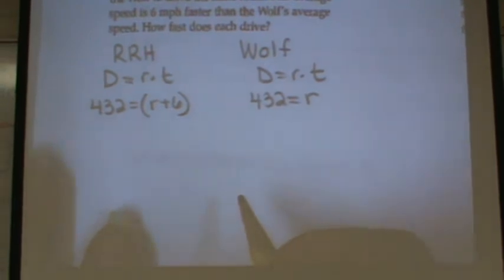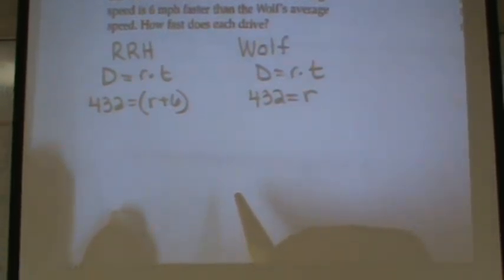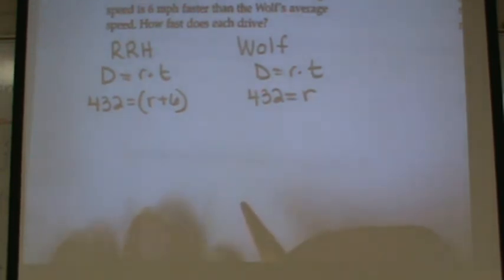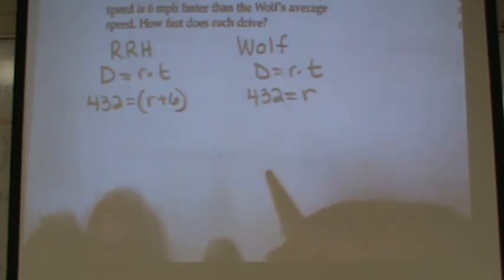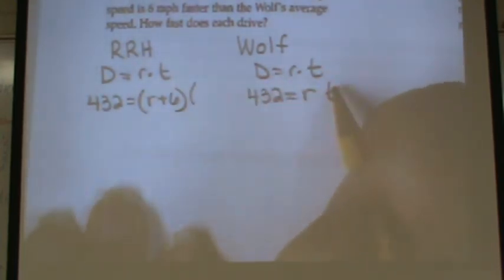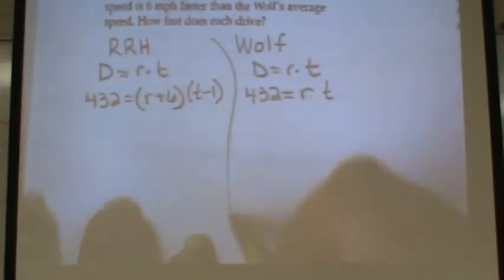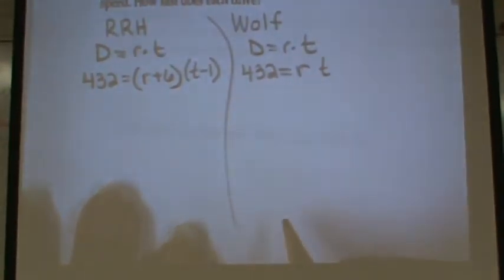It takes Red Riding Hood 1 hour less than it takes the wolf. So I'm going to call the wolf's time T, and make this T minus 1, 1 hour less. Then you're going to want to solve one of these equations.